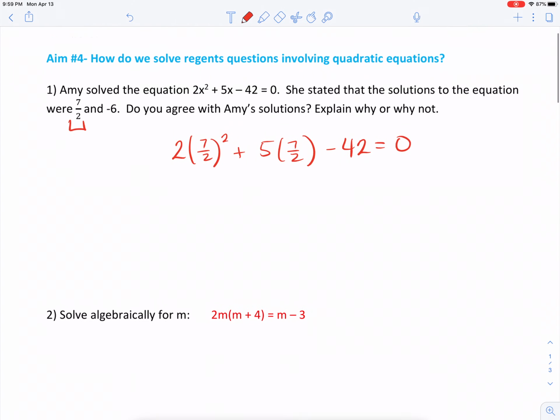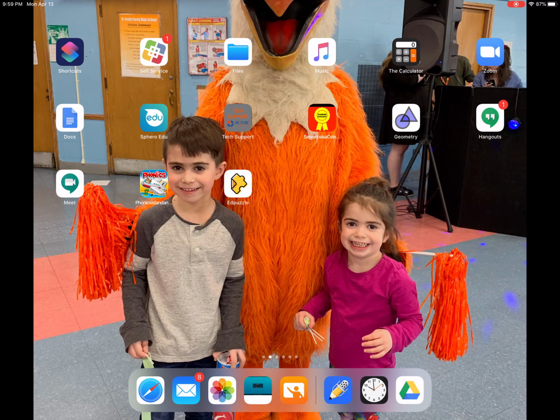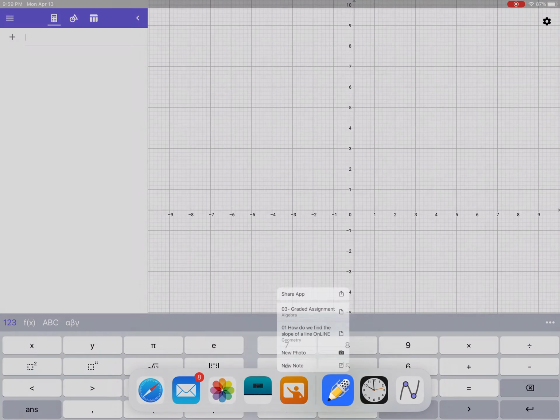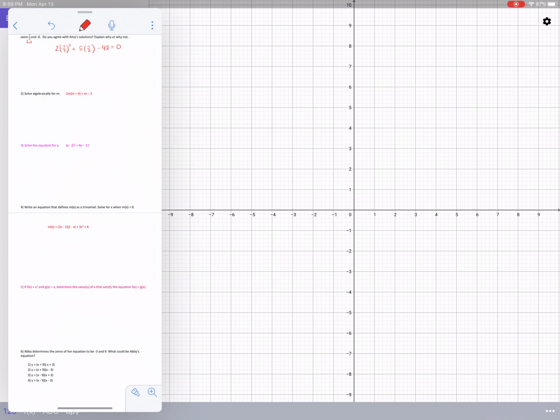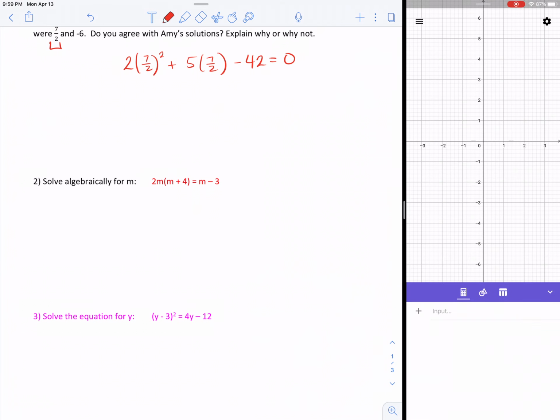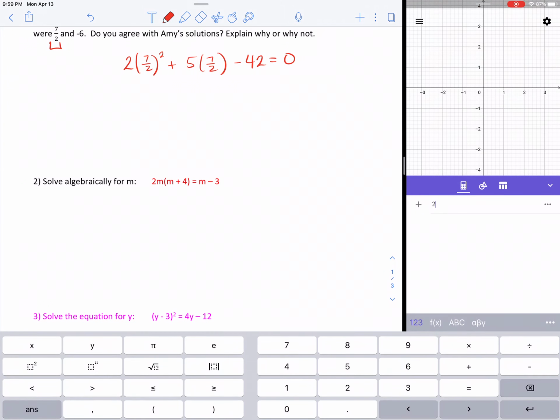So I'm going to pull up the calculator. Just put it in as you wrote it out.